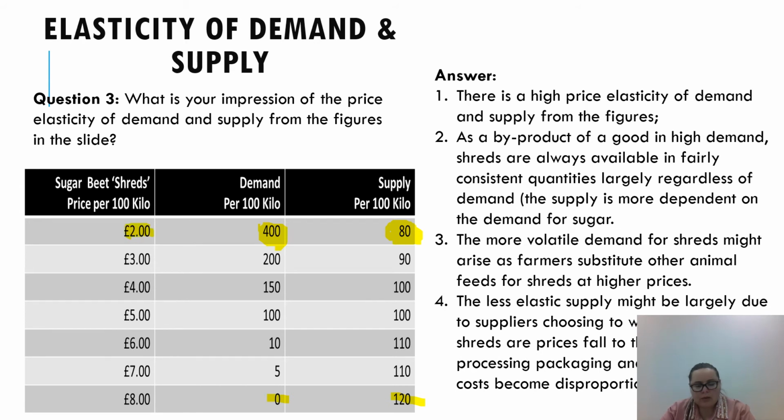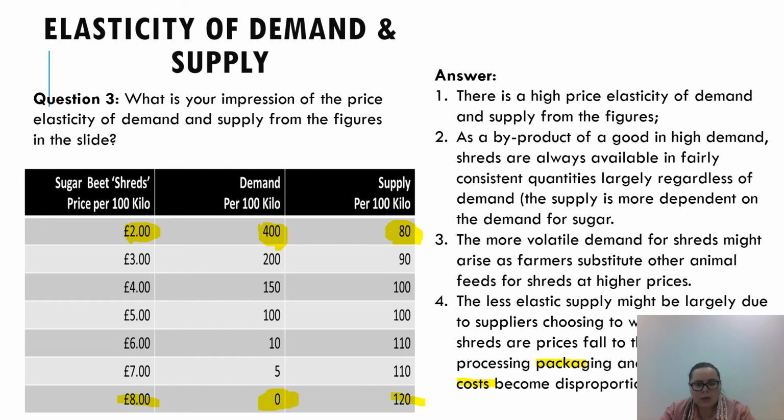The company is not really going to be interested in supplying a large quantity of sugar beet shreds, because then the packaging and transportation costs are going to be too high. If the price increases, here you have £8 for 100 kilo, we can see that the demand has reduced to zero.